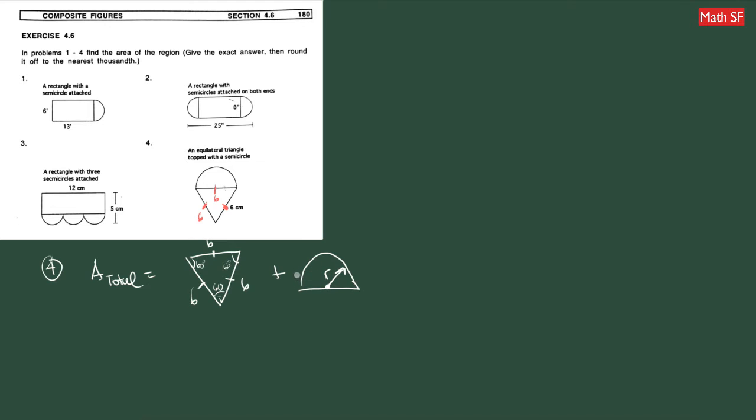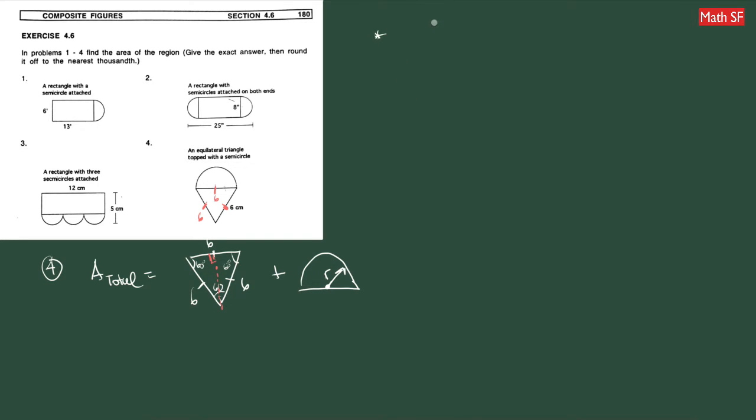All right, let's do one thing at a time. So let's find the area of this equilateral triangle. To find the area of any triangle, we need to know the base and the height. Well, I know the base, but I do not know the height. So maybe what I can do here is project this part, tracing an altitude, which is going to give us this part here.